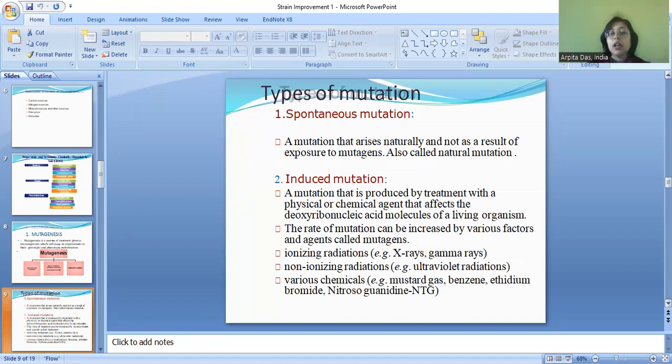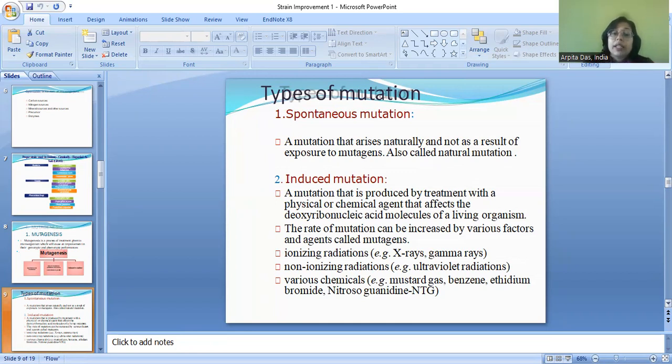And regarding induced mutation, the rate of mutation can be increased by various factors and agents called mutagens. So what is a mutagen? Mutagens are the elements which are the causing agents of mutation. That means this one is causing mutation, so this one is a mutagen.